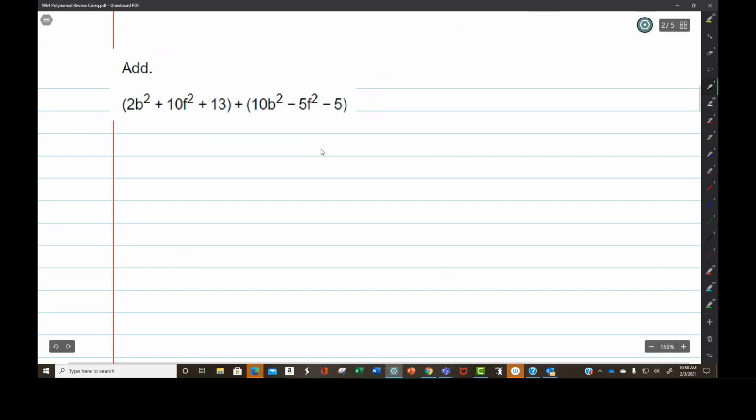But you already know how to do that. You know how to add polynomials by combining like terms. That's what we're going to do now. We're going to add polynomials, subtract polynomials, and multiply polynomials, but we aren't going to divide them yet. You'll be glad to know.